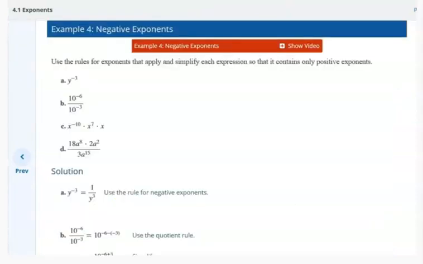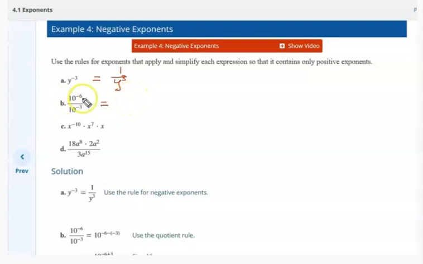Okay, now for example 4, you want to write these out, and you want to end up with positive exponents. So y to the negative 3 becomes 1 over y to the 3rd. Now here, again, you want your exponents to be positive.